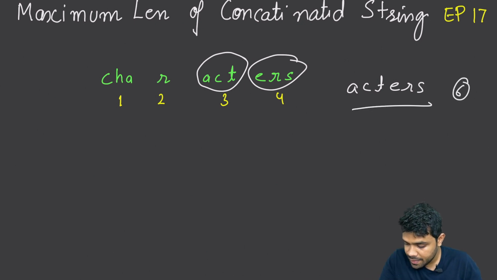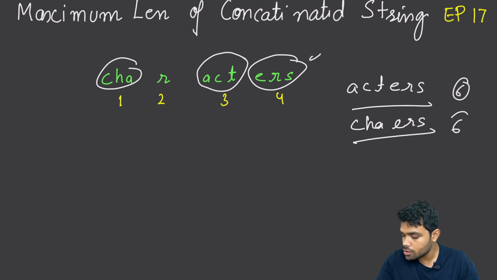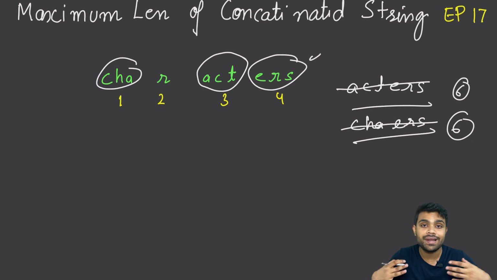And similarly here we can take cha and ers, cha then ers. Here also all the characters are unique and the length is 6. We don't have to bother about what string we are obtaining, whether act ers or cha ers, we just have to return their lengths.